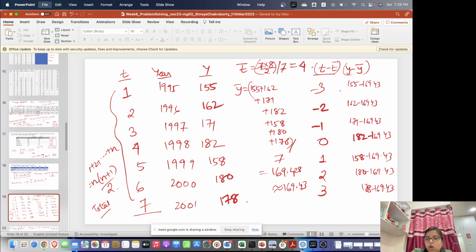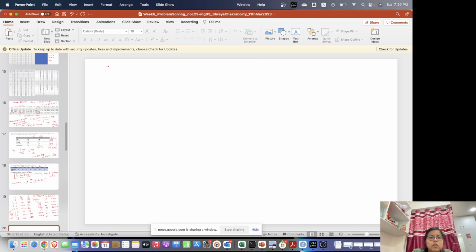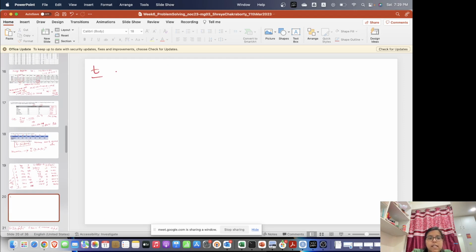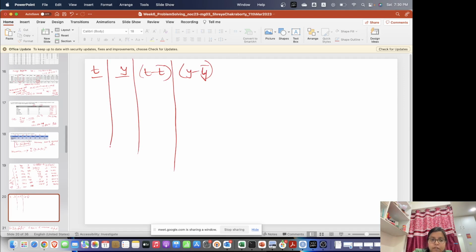So once we have these two columns, we are going to get one more column additionally. So now we have something like t, y, t minus t bar, y minus y bar. Then the next column would be t minus t bar into y minus y bar.